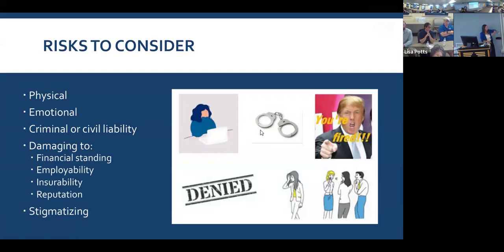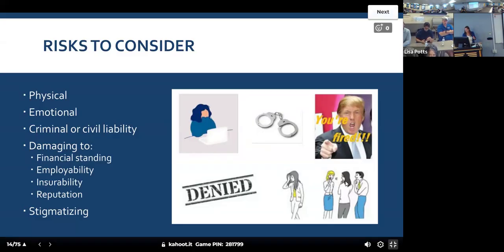Especially recently, we've had a lot where employability has factored into our discussions in REC, where it's been overlooked that that could be a factor to consider. So just make sure that you and your students are keeping this in mind, that there's different types of risk.